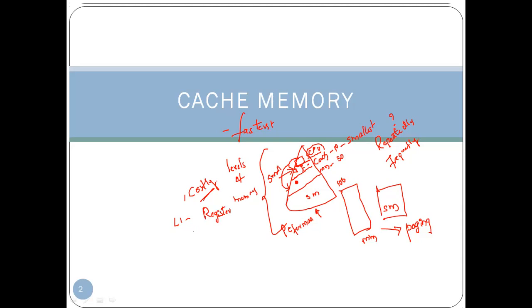Level 2, we have the cache. Level 3, we have the main memory. And level 4, we have the secondary memory. So these are the levels of memory.